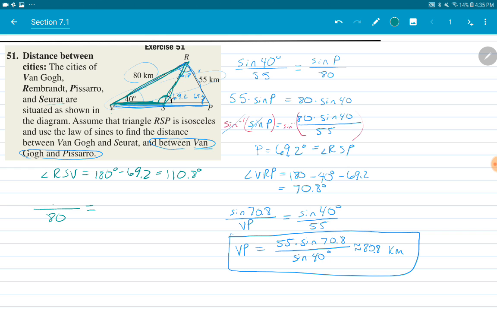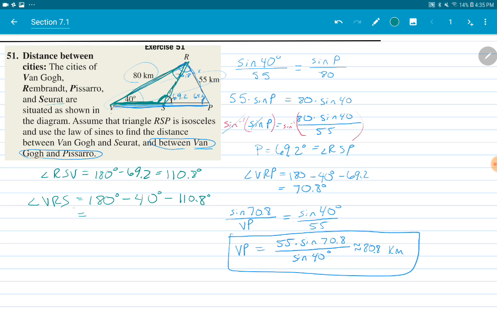Okay, so I think I have to use that angle S, that little guy right there, and that 40 to get R up here. So we can get angle VRS is equal to that whole green triangle, which is 180 degrees, minus angle V and minus RSV, which is 110.8.